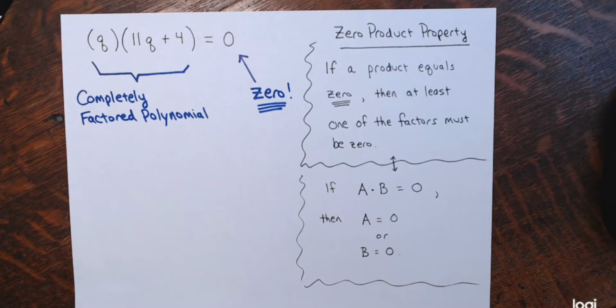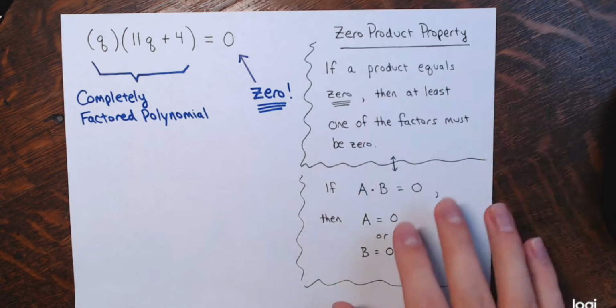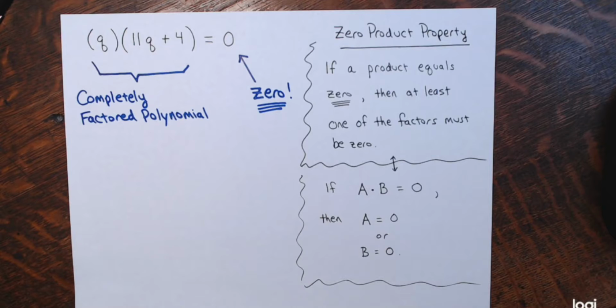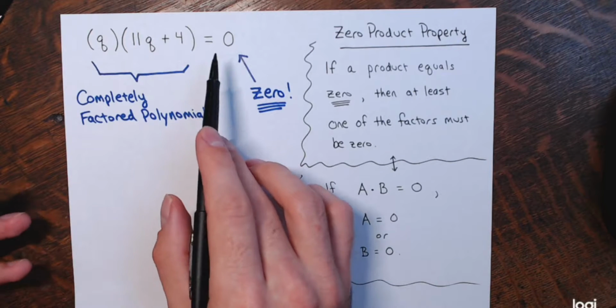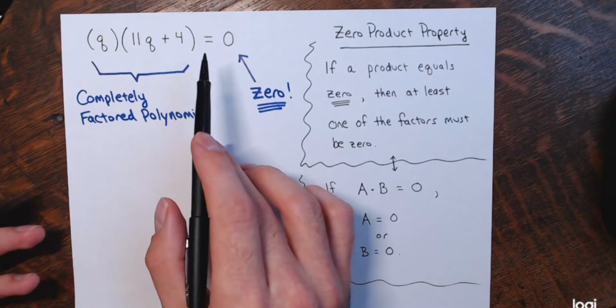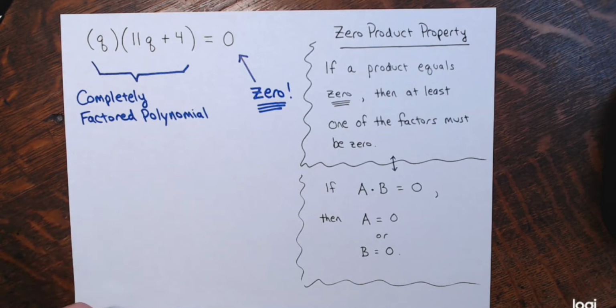You could have 2 and 5, a half and 20. So the only number this actually works for is the number 0. So the nice thing about this objective, these questions, is that the polynomial is already factored for us.